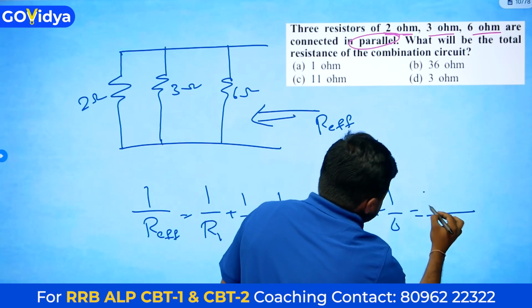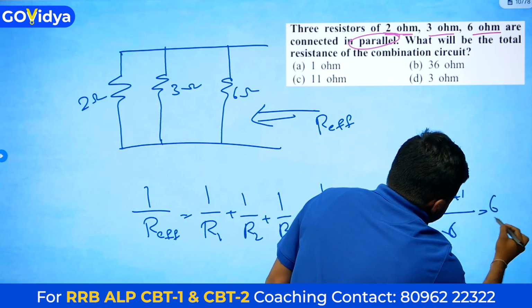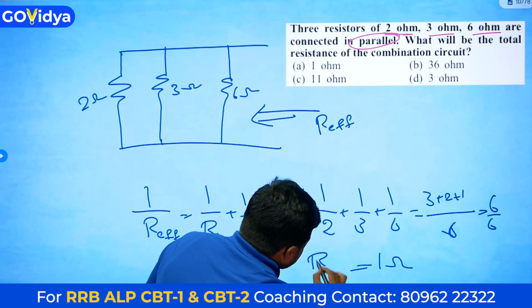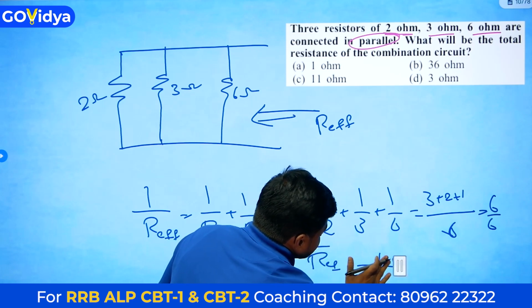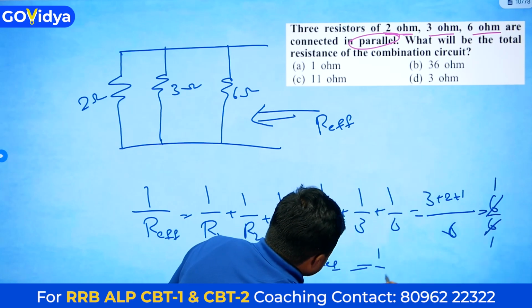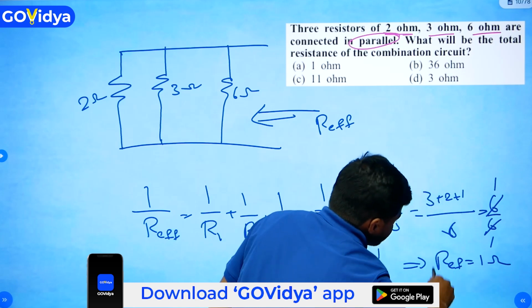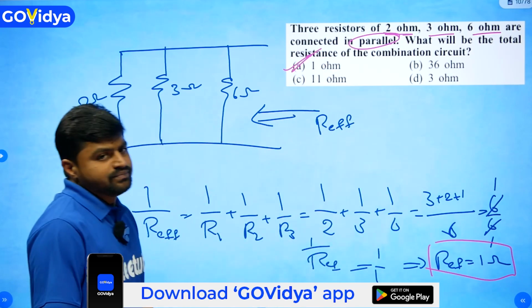We will get 3 plus 2 plus 1, 6 by 6 is equal to 1. 1 by R effective is equal to 1, 1 by 1 ohm. Now we will get R effective is equal to 1 ohm. From the options, option A is the correct answer. Okay, next question.